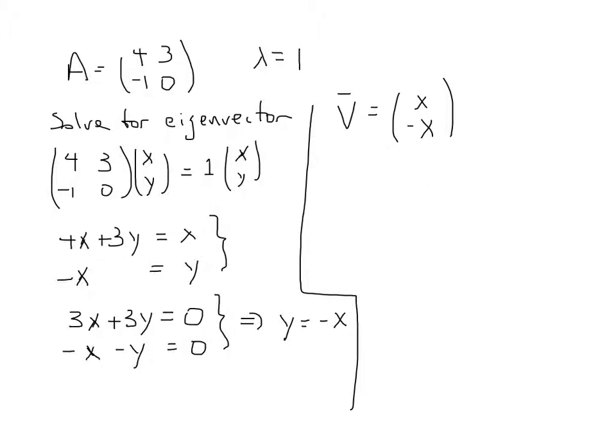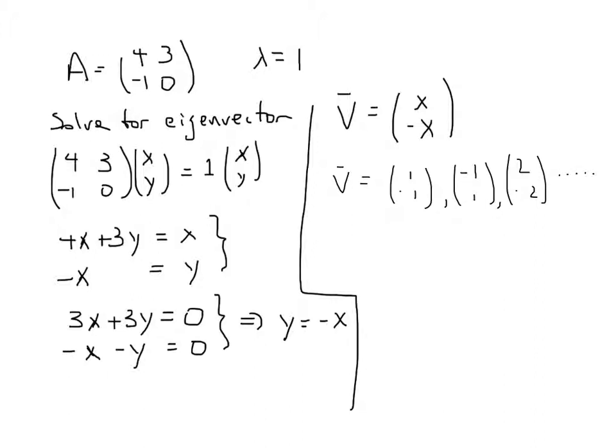So I'm taking this condition that y has to be minus x and building a vector that satisfies that. And so many possible eigenvectors, of course, an infinite number of them, but 1, minus 1, or if x is a negative 1, I would have negative 1, 1. If x is a 2, I would have 2, negative 2, and so on.